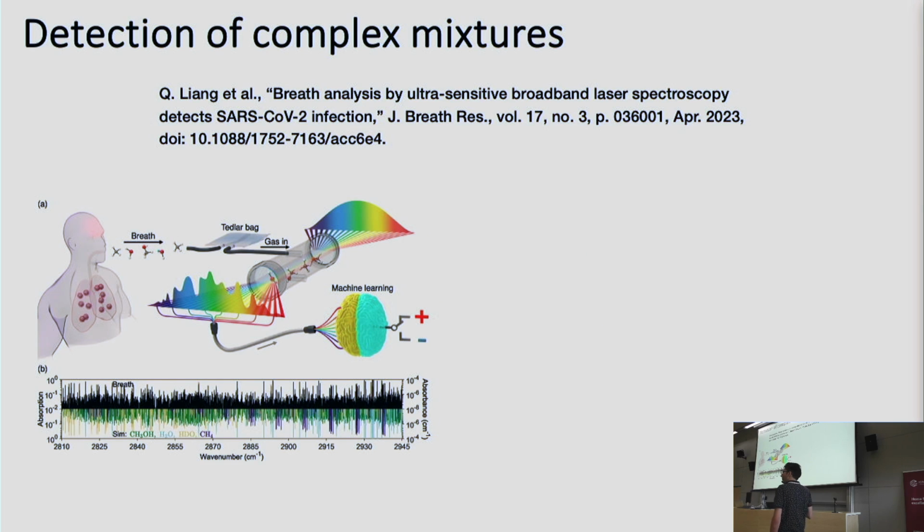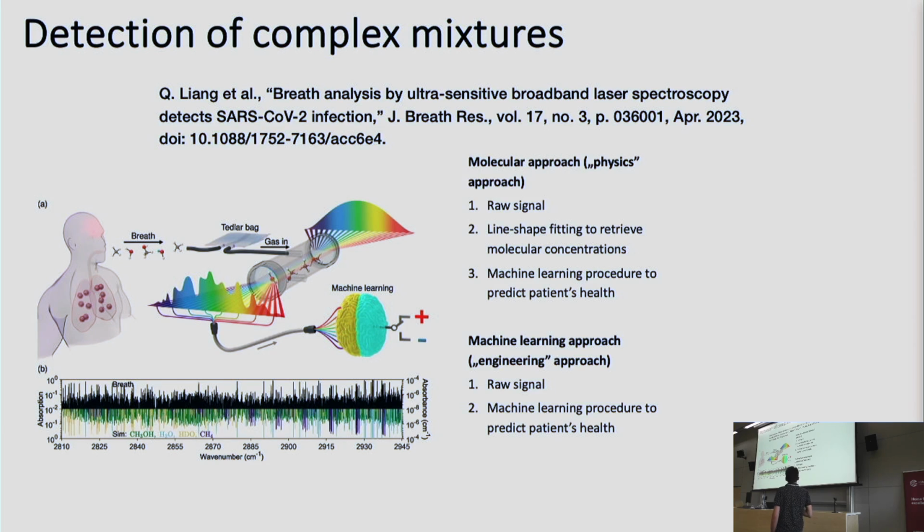Another idea is that you have multiple dimensions. If you have multiple dimensions, then instead of this incredibly congested spectrum, you would be able to decompose it into more axes and more easily see what's going on. This is an example that I sometimes give: people have been trying to do breath analysis with linear spectroscopy. The ideal way is to figure out concentrations and then, based on concentrations, figure out what's going on in the patient's body.